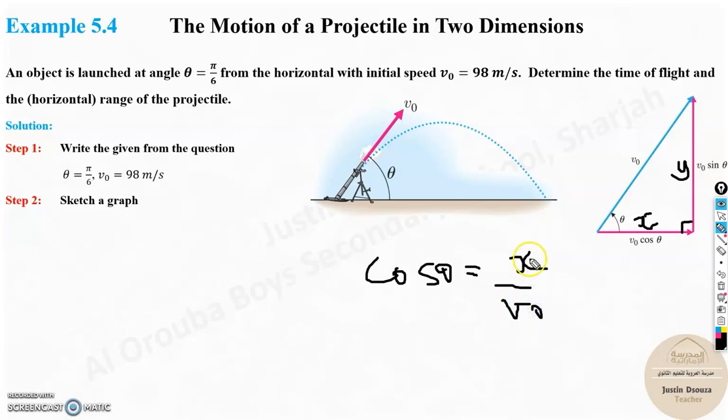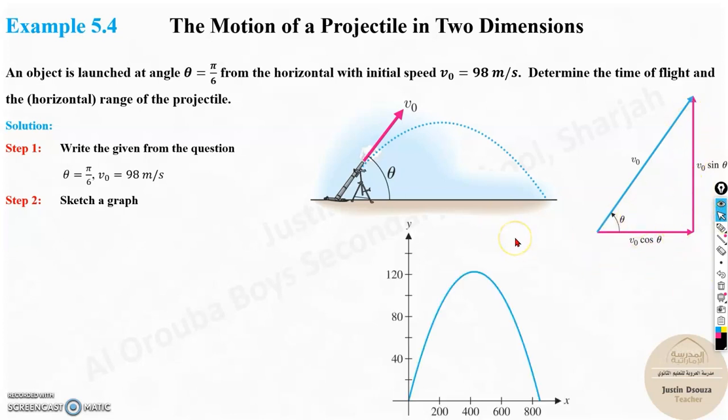So, what is exactly x only? So the horizontal would be v naught cos theta. So this is the answer for x. Same way, sine theta is equal to y by v naught. It will be v naught sine theta. That is why you get these two components, the vertical and the horizontal component.